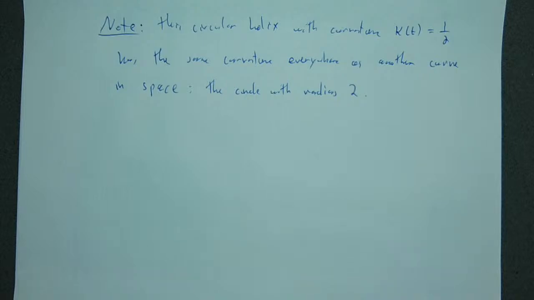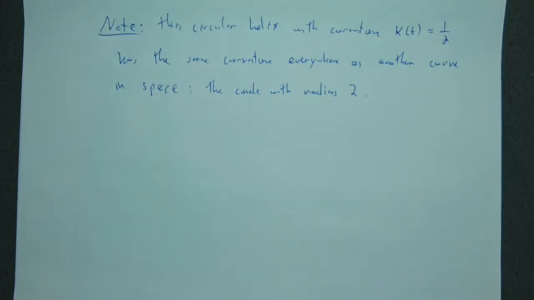In fact, as we'll see, I'm going to compute the torsion of this circular helix, and then I'm going to tell you what the torsion is actually computing here. It turns out that for space curves, curvature is not enough. You need curvature plus torsion to tell you exactly what the curve is. So it's the curvature plus the torsion that determines the curve for space curves.